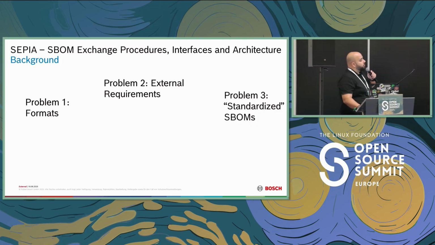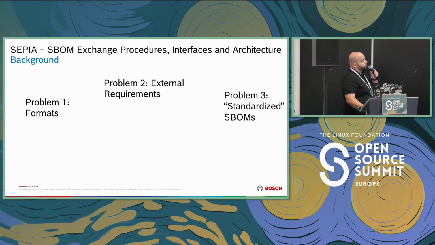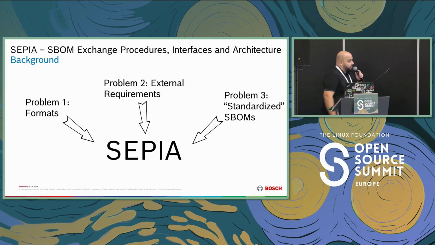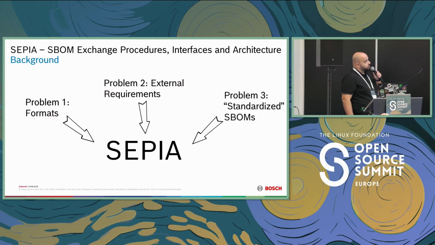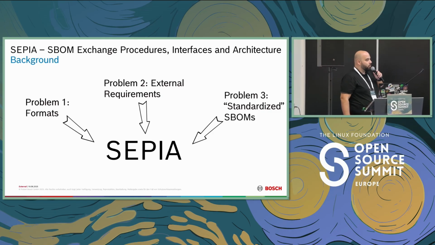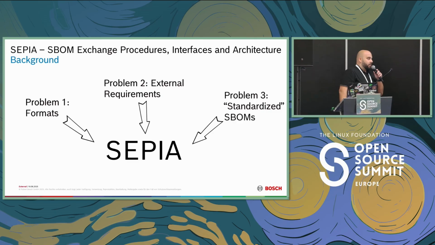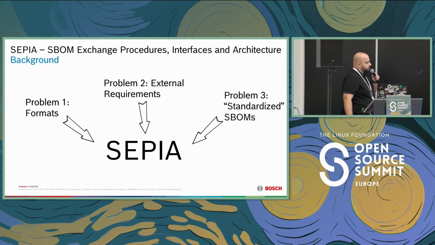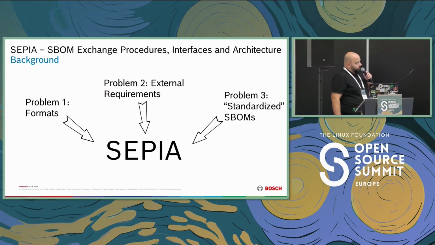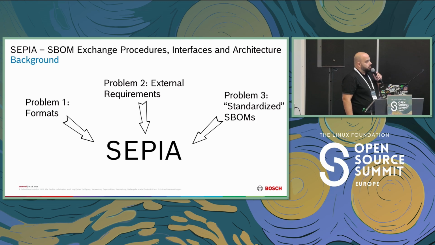And this is basically what, as I said, was the backbone for this idea, how we reached the point to say, okay, we need to have a standardized approach across the company to have an idea and a process to handle SBOMs. And that was at a time that most of the stuff didn't exist, or it didn't exist to the level that it does now, because this is an ever-growing issue and problem. And for us, it took a bit of time to get everything together and to have this done.